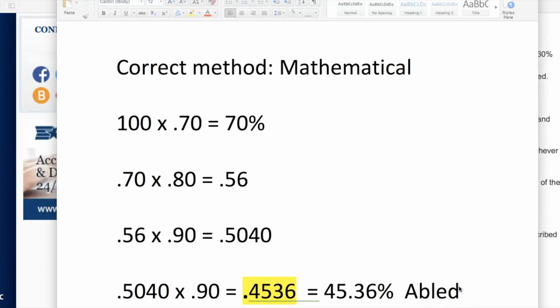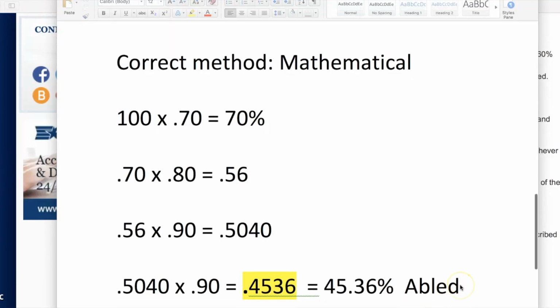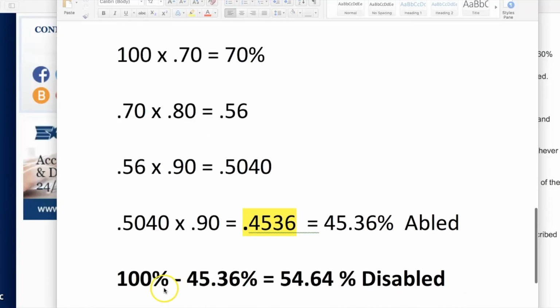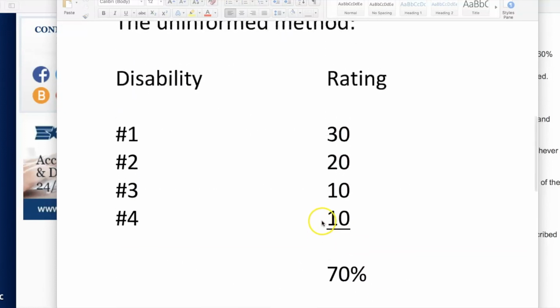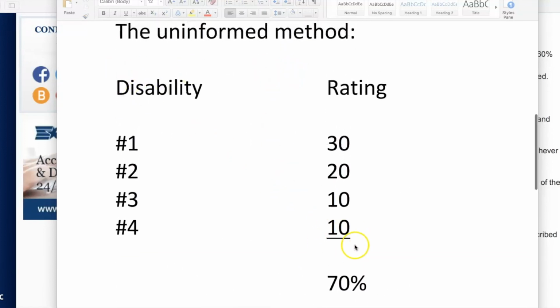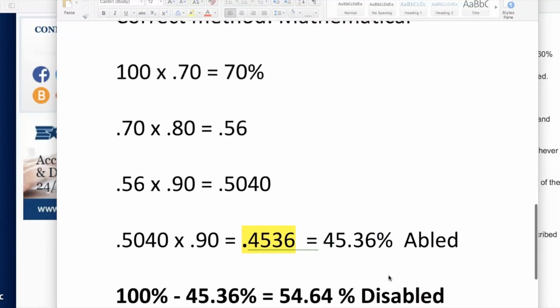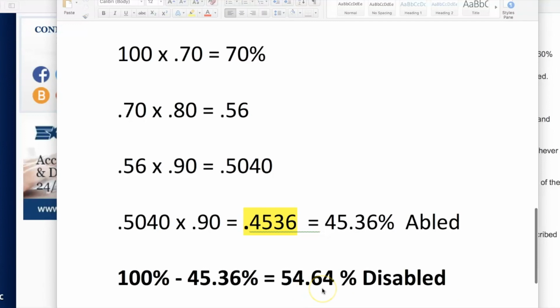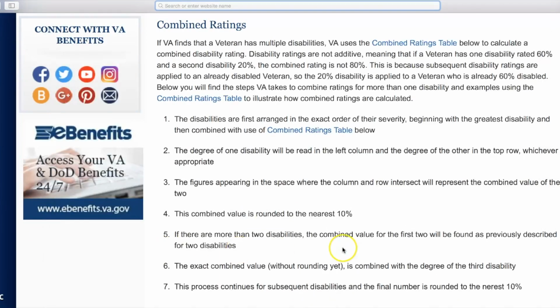Which means then we have to figure out how much disability you have. Well, 100% able is what you start with, minus the 45.36% equals 54.64% disabled. Now, that's a far cry from the uninformed method who thought they were at 70%. They're actually at 54.64%.